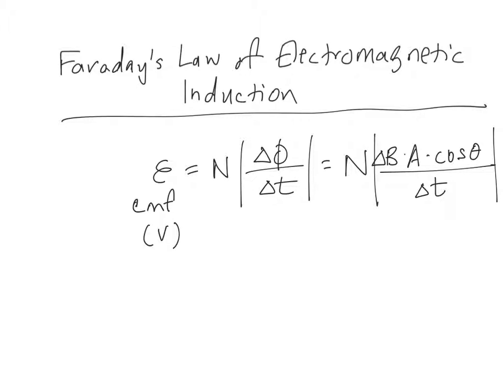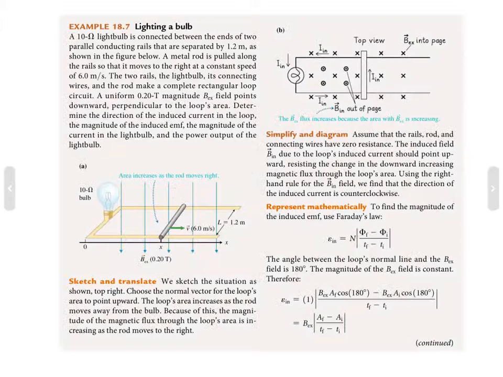So let's talk about the example in section 18.7 first, which is the changing area. The example given in your textbook is where there's a loop. Basically, it's an electrical circuit, and it's shown here in this picture. It's a wire that's got a metal conductive rod in electrical contact with the wire, and the rod is being moved to the right at a velocity of 6 meters per second.